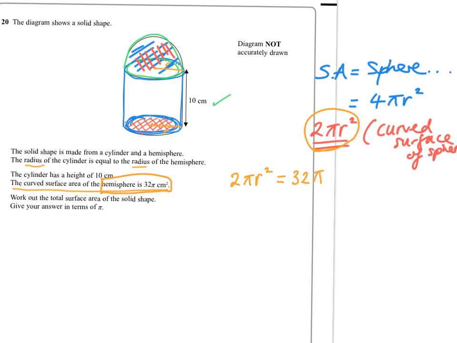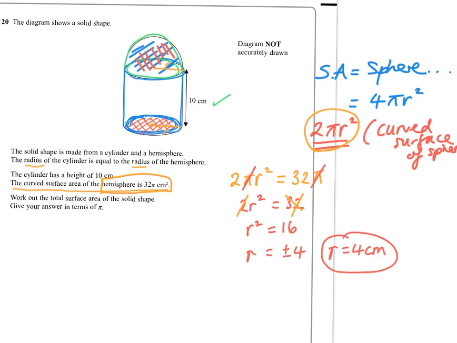So if we divide both sides by pi, we'll get 2r squared equals 32, and if we then halve both sides, we will get r squared equals 16, and that means r would have to be plus or minus 4, but we're talking about a radius of a shape that exists, so r would be 4 centimetres in this case.